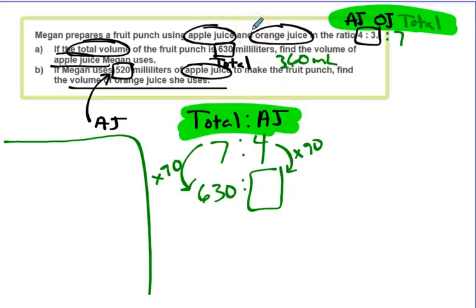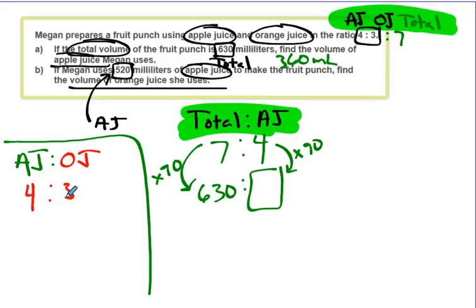Now, part B, Megan uses 520 milliliters of apple juice, so I want apple juice in my ratio. And we're looking for the amount of orange juice, so apple juice to orange juice. So apple juice to orange juice, the ratio we were given to begin with was 4-3.